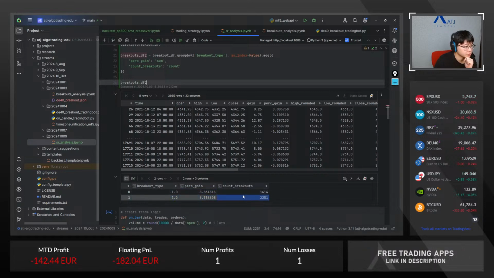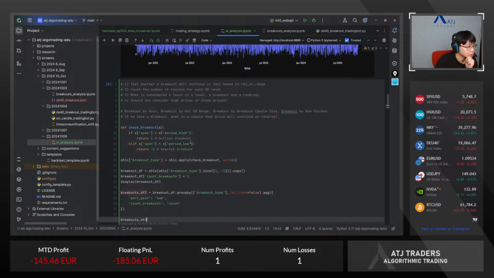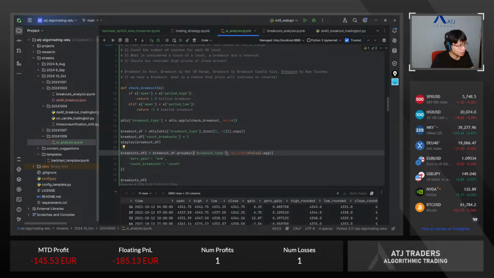And we had more long opportunities than short opportunities. So it means that even though we have short breakout signals, they are nowhere near profitable. And because I said that the S&P 500 was trending up, I think the trend has something to do with it. But then we can create some filters. But now let's try to add some other factors, right? So we wanted to check hour, for example.